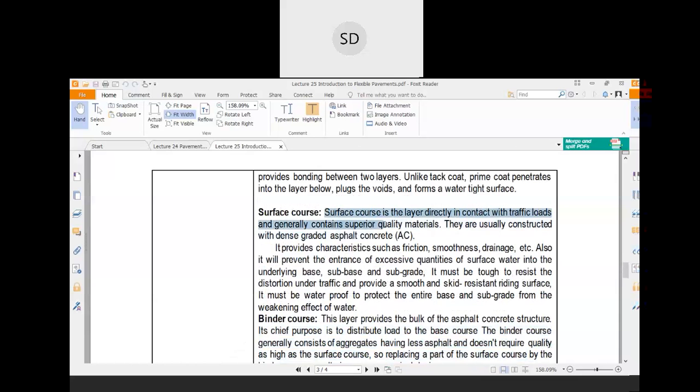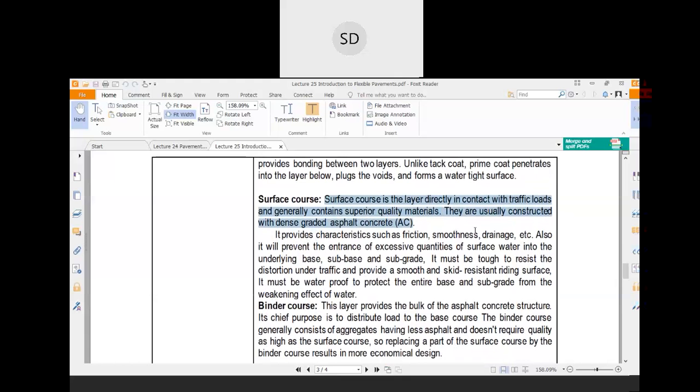Surface course is the layer directly in contact with the traffic loads, and generally contains super quality materials. It provides characteristics such as friction, smoothness, and drainage, etc. Also, it will prevent the entrance of excessive quantities of surface water into the underlying base, subbase, and subgrade course.